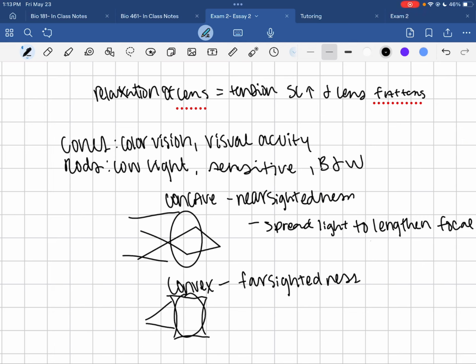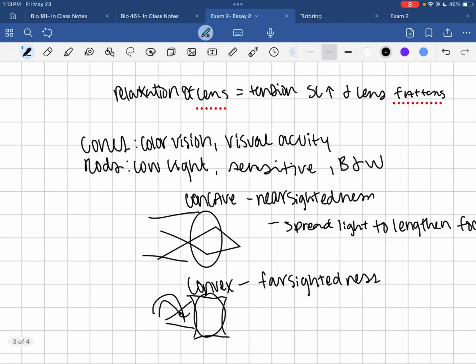And the object tends to fall behind the retina instead of in front of it. So the convex lens helps to shorten the focal point because it's normally at here, but we want to get it to right here. So that's something I should have mentioned in the first place.